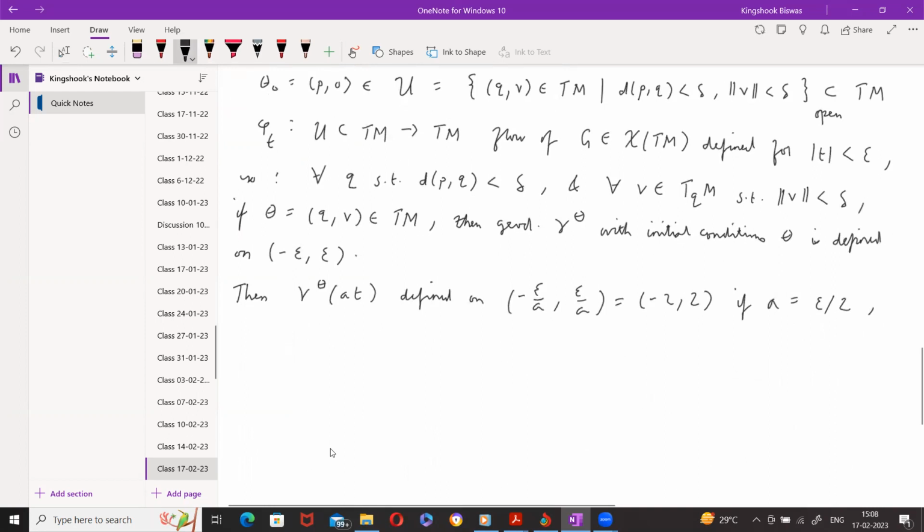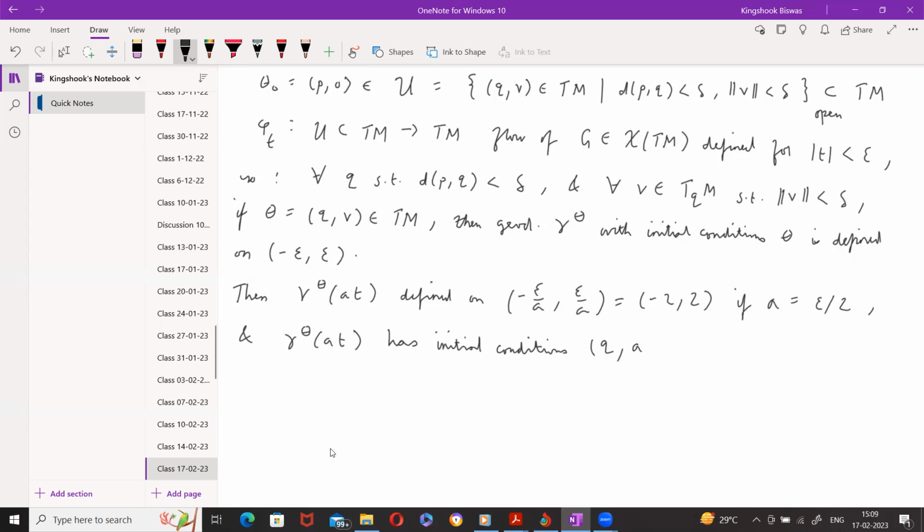So then this geodesic gamma theta of 80 has initial conditions, so it starts at the same point Q, but now the vector V has got multiplied by A, right?